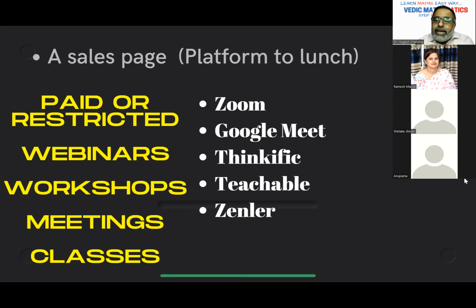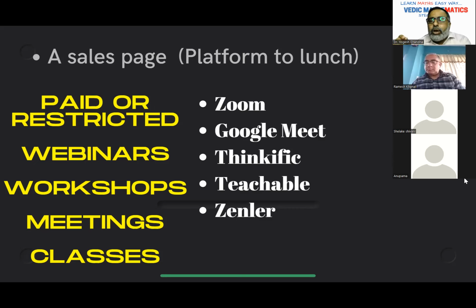Similarly, in Thinkific, Teachable, or Zenler, you have accounts with their own logins. Whatever classes you take, you can upload on these 3 LMS, Learning Management Systems, and provide a login ID to your student so that they can watch as per their convenience, right?